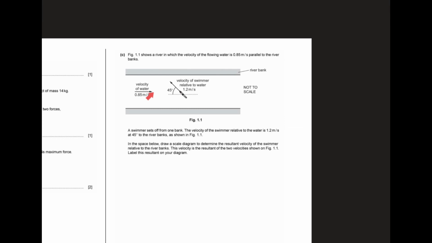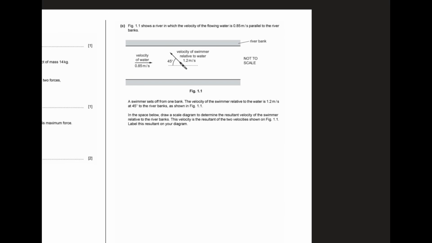Now we have to draw out, let's say I use head to tail method. So I set up my scale: 1 cm represents 0.2 meter per second.